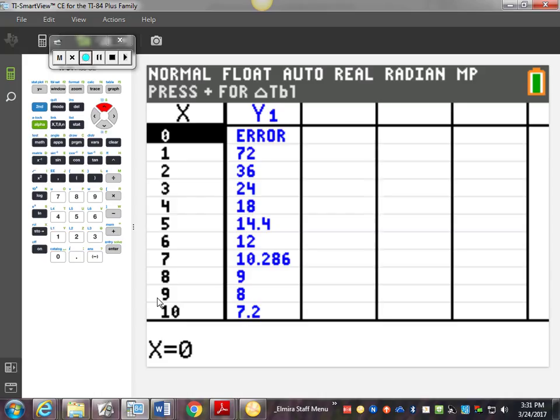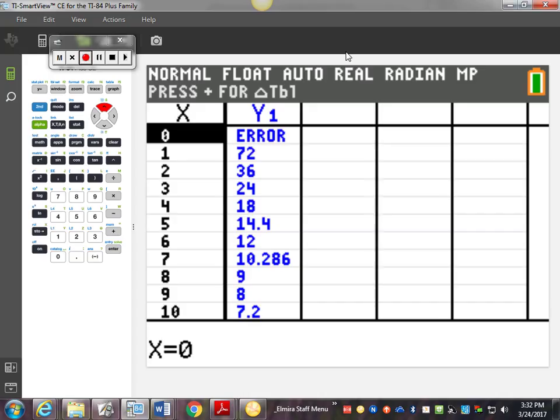I've gone as far as I need to, because any more factors I get are just going to be duplicates of the ones I've already seen, just reversed. Like I eventually see 12 times 6, but if I already have 6 and 12, I don't need it. So that's one hack you could use if you're having trouble thinking of the combination of numbers that are going to add or subtract and multiply to the number that you want.